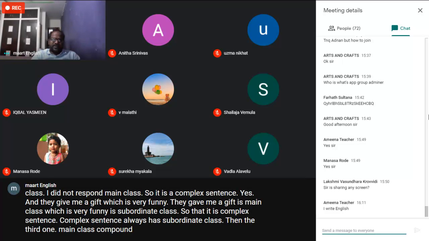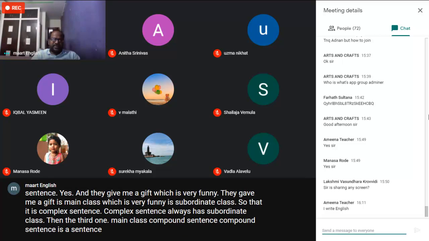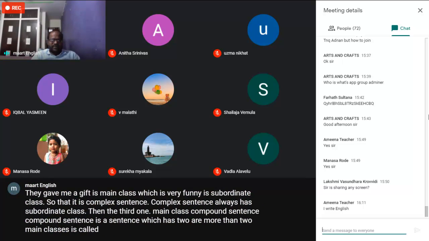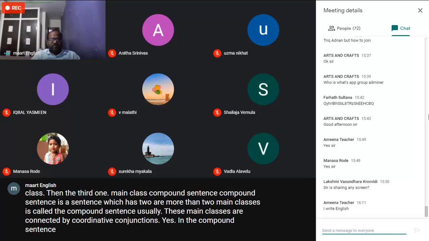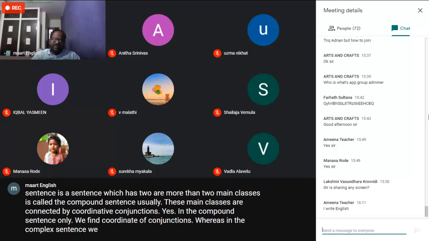Then the third one, the compound sentence. A compound sentence is a sentence which has two or more main clauses. Usually, these main clauses are connected by coordinating conjunctions. Only in the compound sentence do we find coordinating conjunctions, whereas in the complex sentence we find subordinating conjunctions.